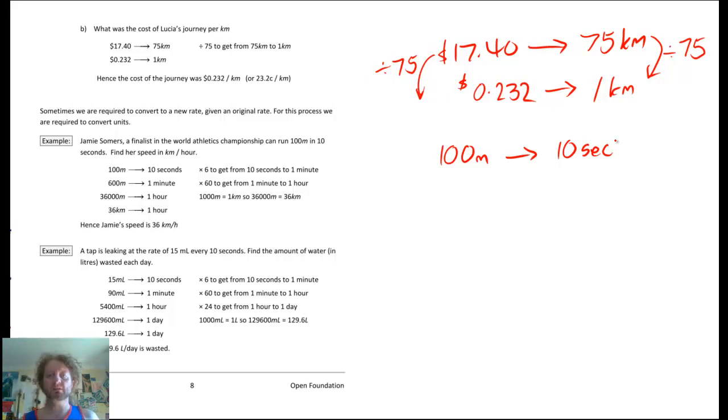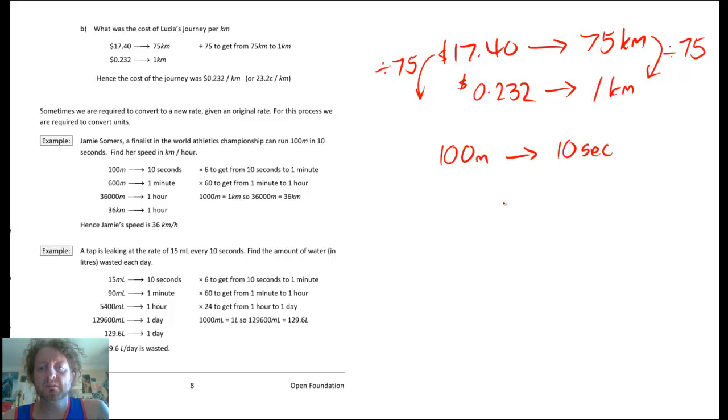So I know that if I convert from 10 seconds and go up to hours, pretend that she could run at the same pace, I'm going to get a very big number here. If I wanted to start out by converting from metres to kilometres, I'd have to divide by 1,000. And I'd have to say, well, that's 0.1 kilometres. I don't want to have to deal with decimals if I don't have to.